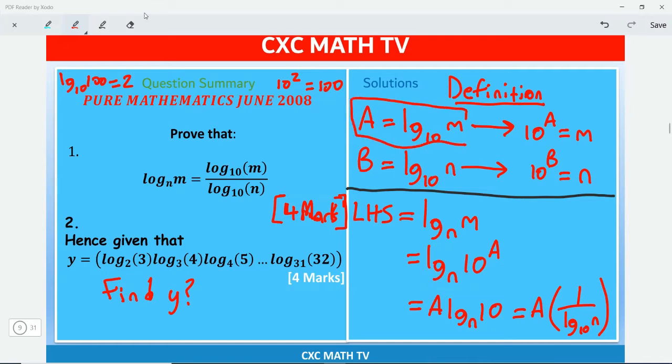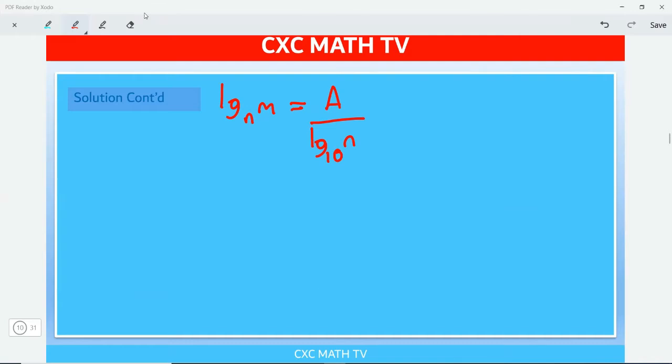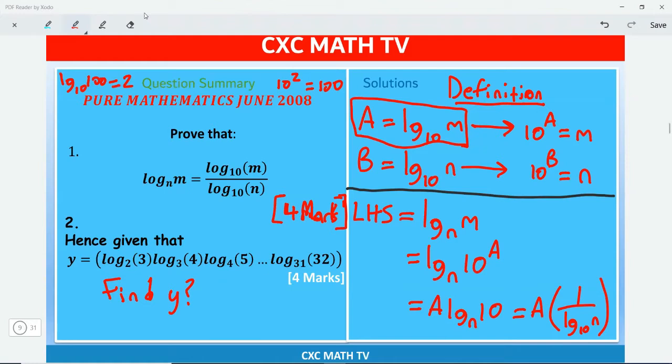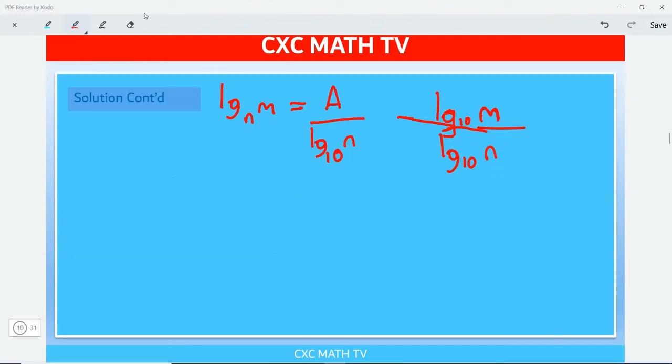So we can put that back in the numerator: log base 10 of m, divided by log base 10 of n. Wasn't that what they wanted us to prove? There you have the proof. So we did it. So write prove then.